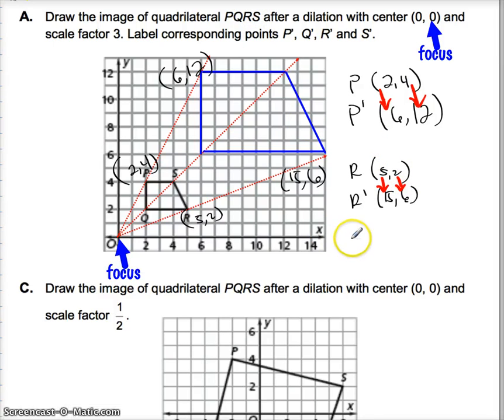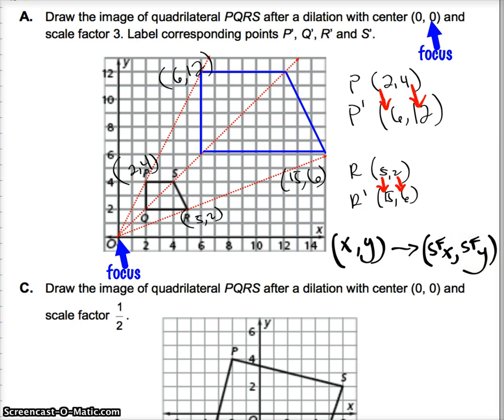So your rule should be x, y goes to, and let's hope it all fits, scale factor x, scale factor y. So I'm going to multiply the scale factor by my x value.